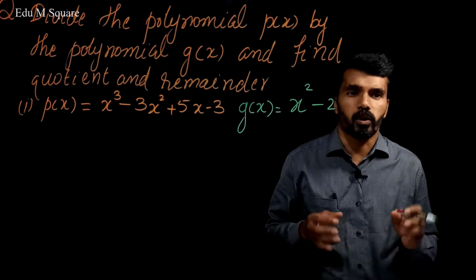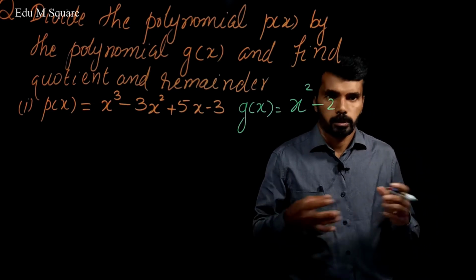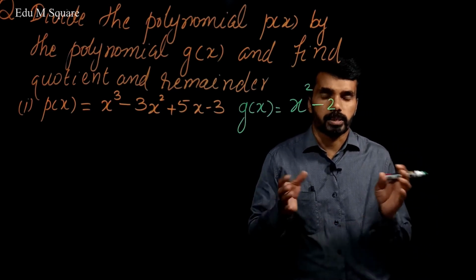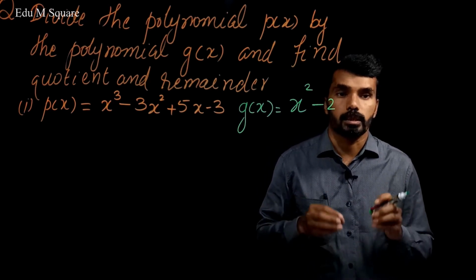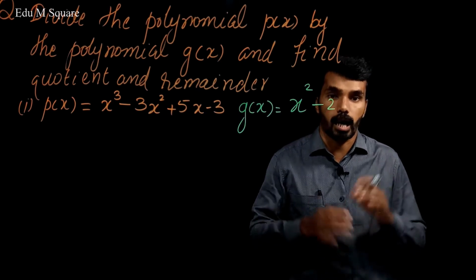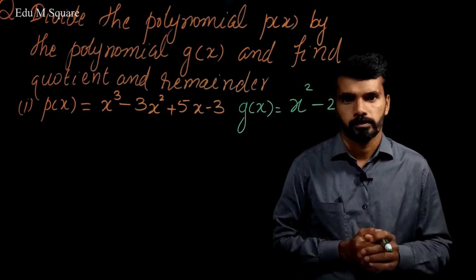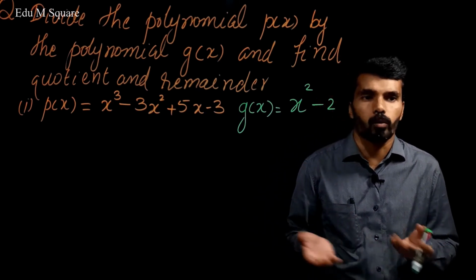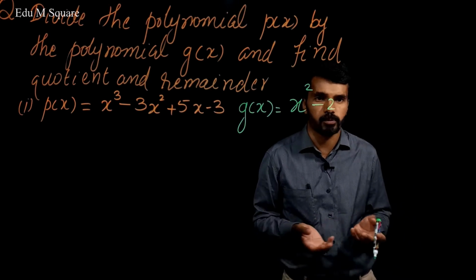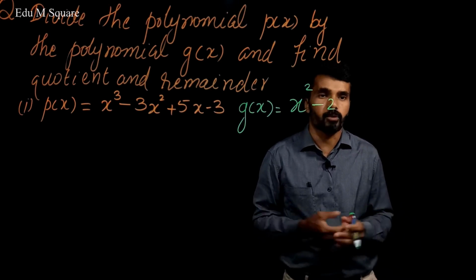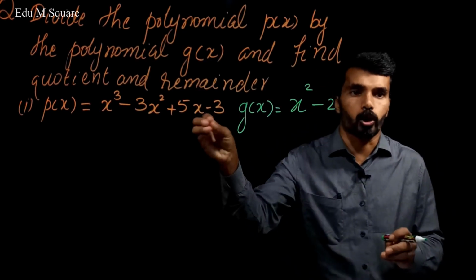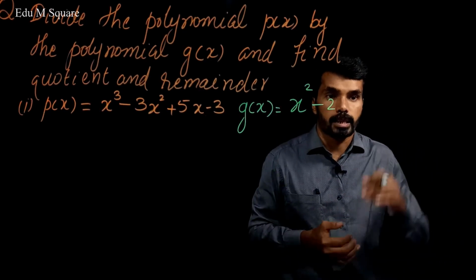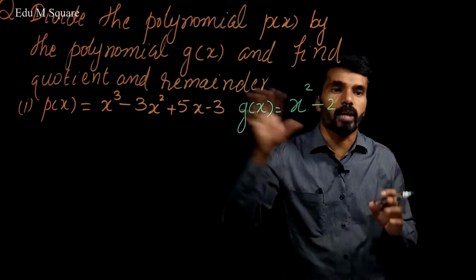Before we start the division, first of all, we have to check whether the given two polynomials are in the standard form. Standard form is what we learned in the last class. Standard form means arranging the terms of a polynomial in descending order of the power of the variable.